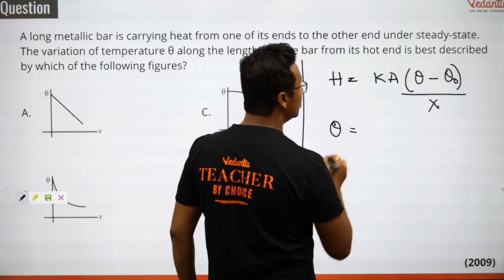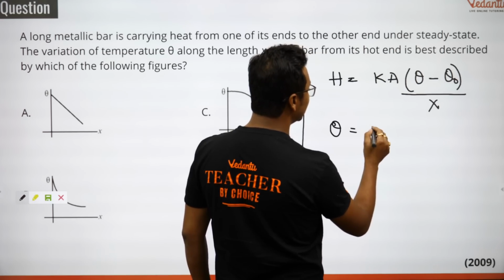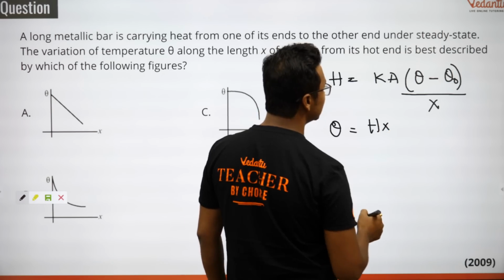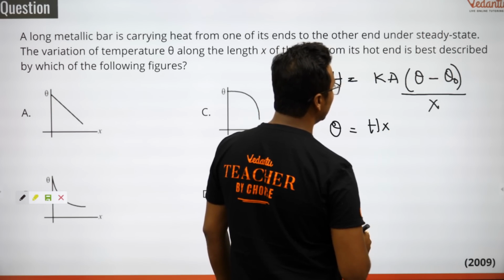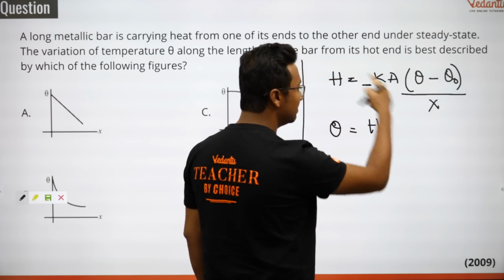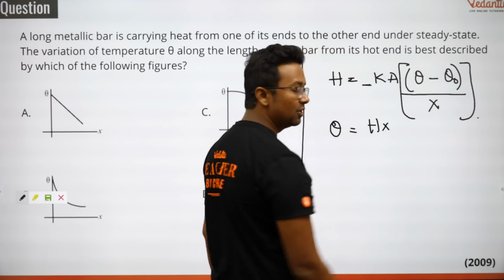Theta is equal to, we will get nothing but hx. This is going to be minus, basically, if you look at it, because the temperature decreases with the value of x.